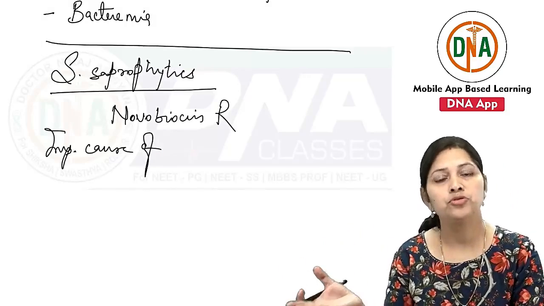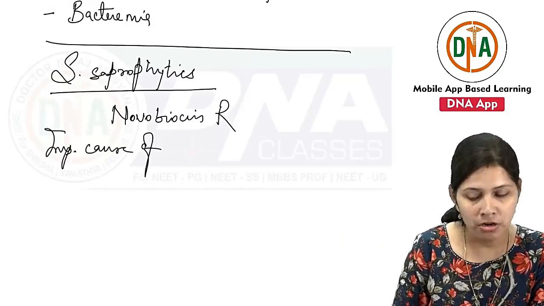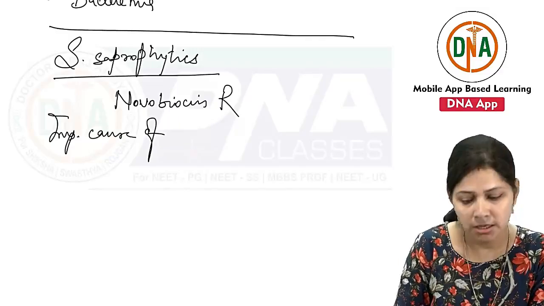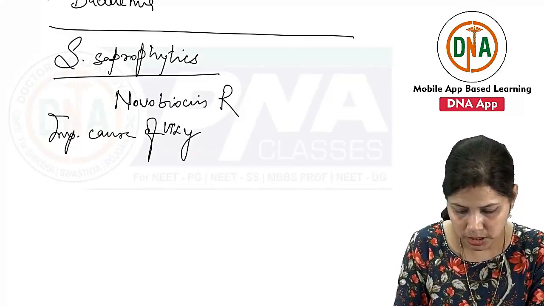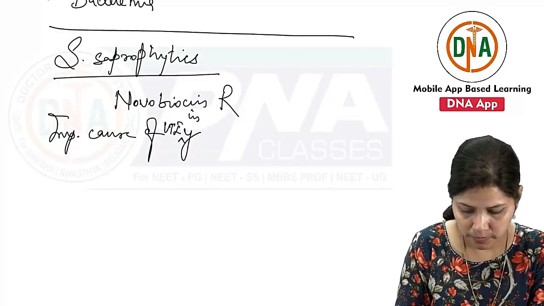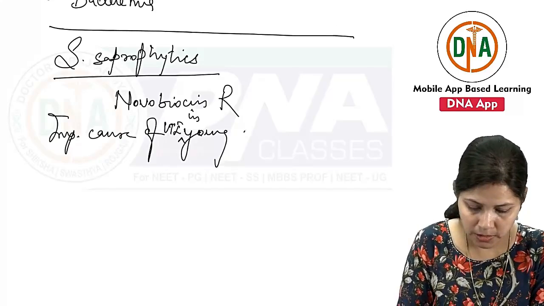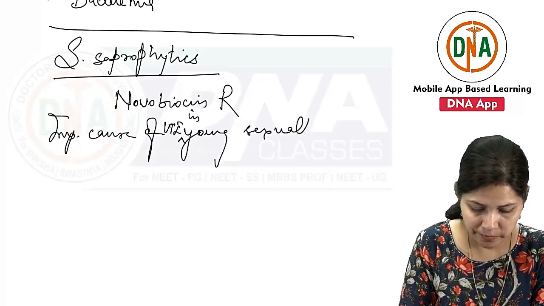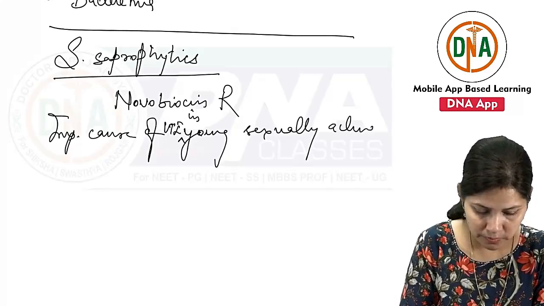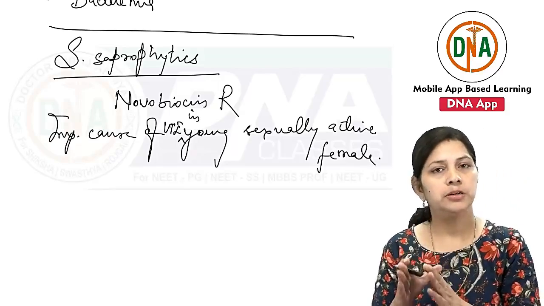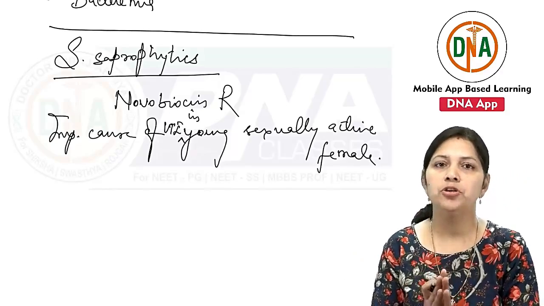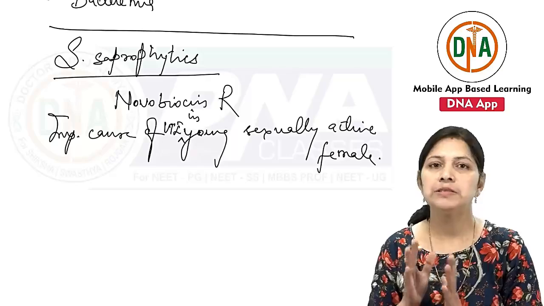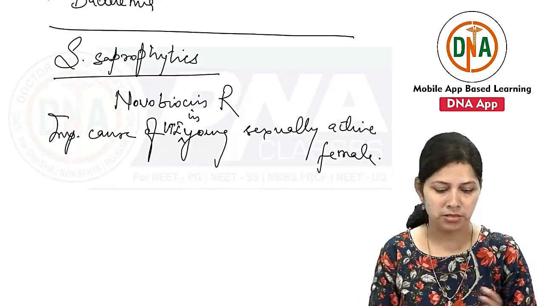It is the most common cause of UTI in young sexually active females. So please remember Staphylococcus saprophyticus as an important agent of urinary tract infection as far as young females are concerned.